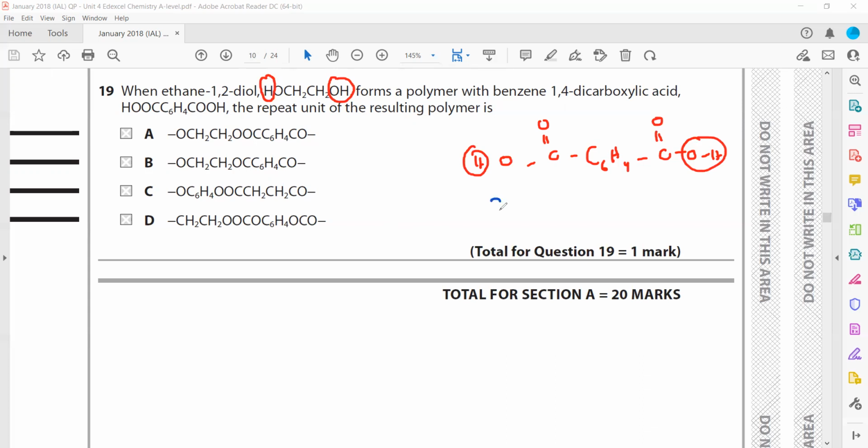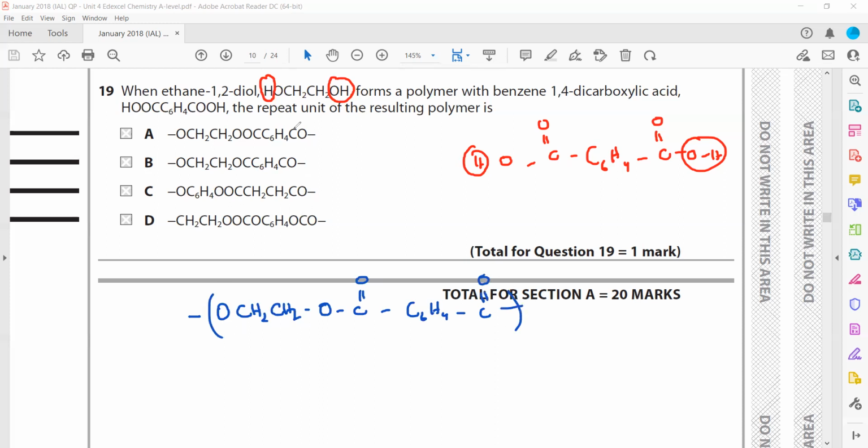If on one side I remove H, it will be O, CH2. This CH2 is there. On the other side OH is removed, so there will be O, then C double bonded with O, then C6H4, and then C double bonded with O.